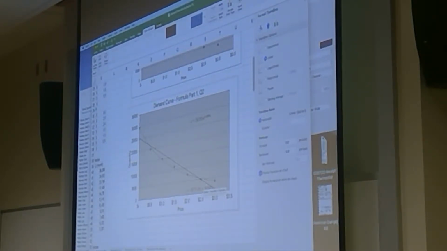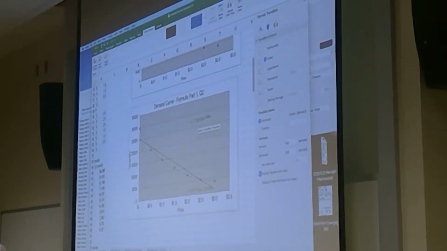I've done the same thing up here for the exponential function. And we're going to use this throughout the assignment. That exponential function is our demand function, which is saying that quantity equals 29,265 to the exponent negative 0.686 times the price.